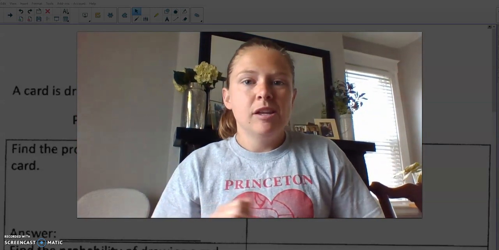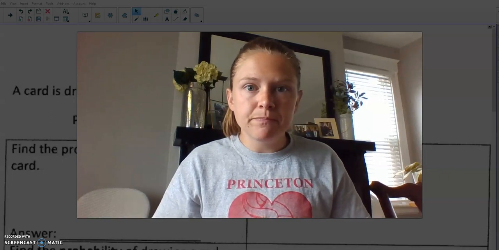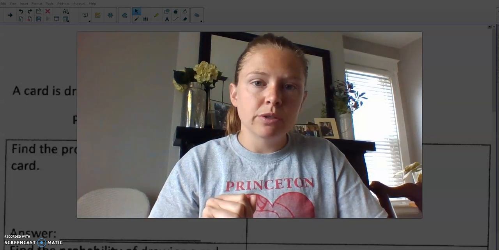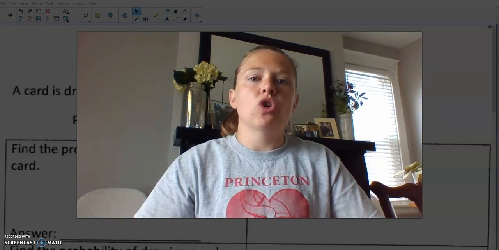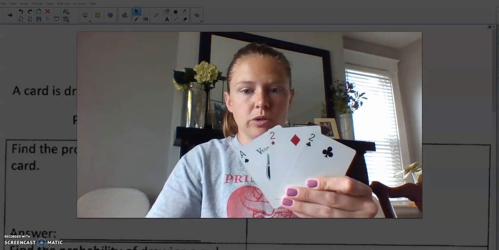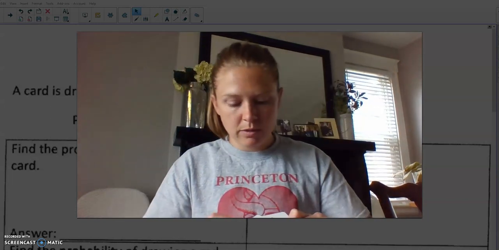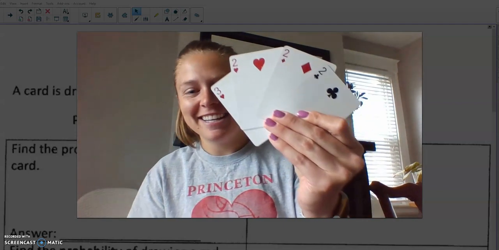All right. So let's analyze one more thing. 52 cards. We've got 4 suits. We've got 13 cards for each suit, which means how many of each card are there? 4. I'm going to just focus on one number. There are 4 2s.